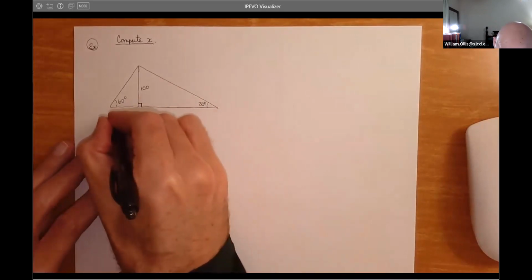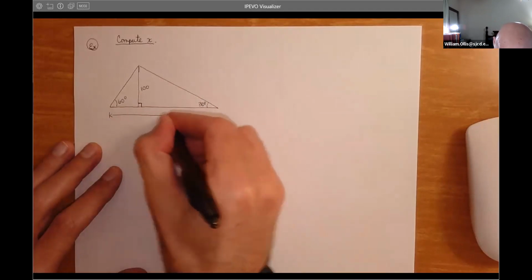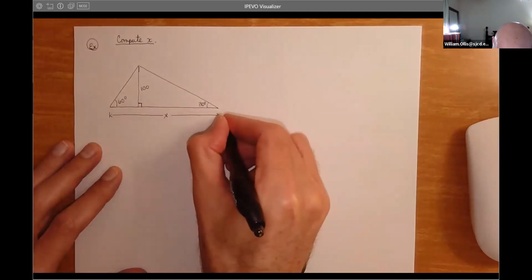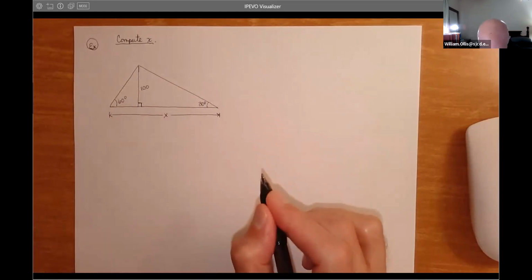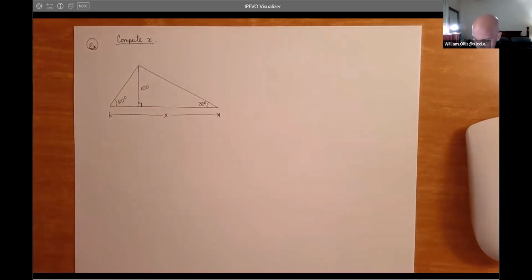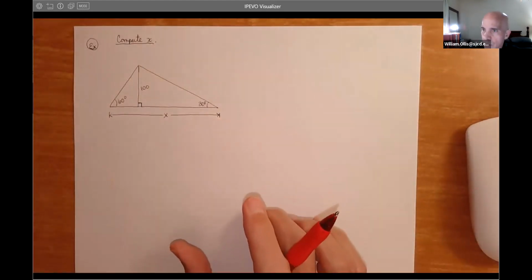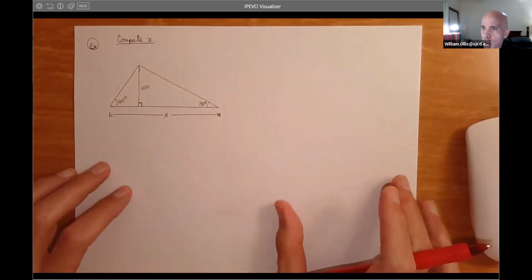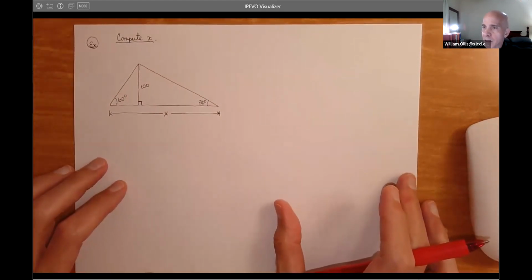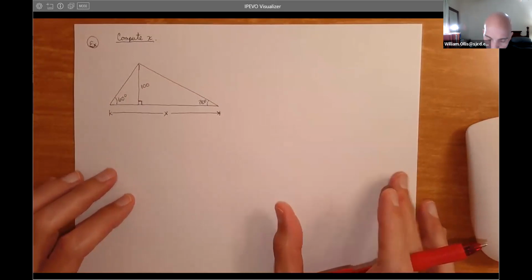X is denoted right here. So now when you look at this particular problem, you're thinking, okay, this is the given part. So everything in black is given, okay? And after that, you have to use powers of analytical reasoning to move the problem forward.